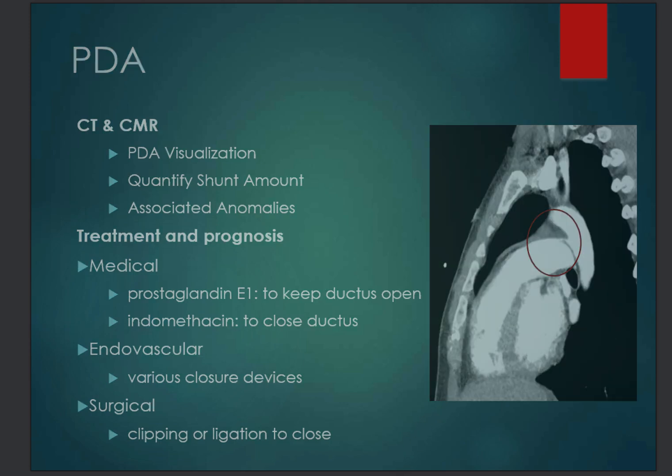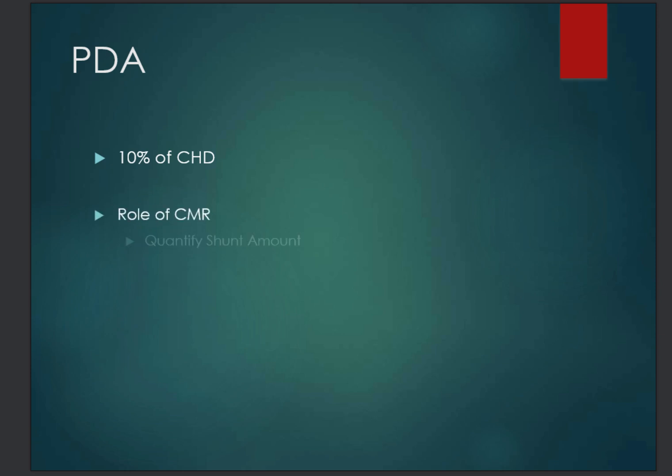During measurements in cardiac MRI, it is really important to measure the shunt by measuring the flow in the LPA and RPA. In a normal subject, the net flow in the main pulmonary artery should be equal to the sum of the RPA and LPA.